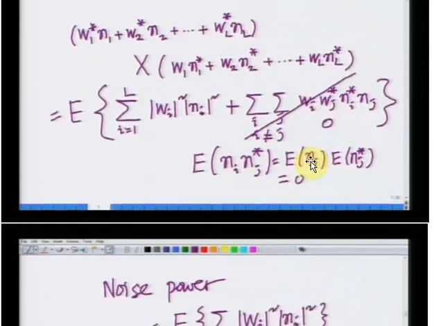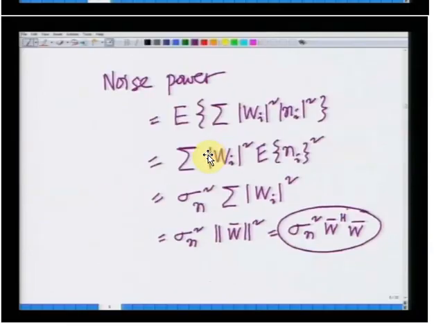The reason is that the noise is independently drawn at different antenna elements, so there is no correlation between the noise at different antennas, and the expected value of Ni times Nj conjugate is equal to 0. So the only terms remaining are the noise power at each antenna i, given by the expected value of the sum of the magnitude of Wi squared times the magnitude of Ni squared.